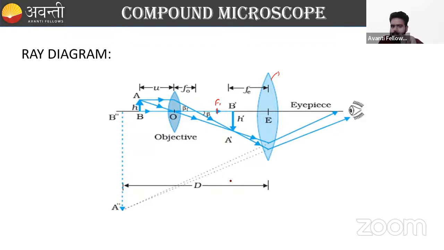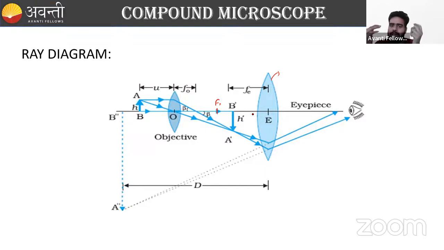Because of the larger aperture, we can extend the range of f1. That's why the image formed by the objective lens must be beyond f1. If the image of the objective lens lies beyond the point f1, that acts as the object for the eyepiece lens, and we require this situation.